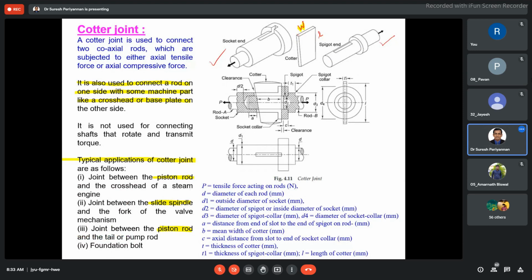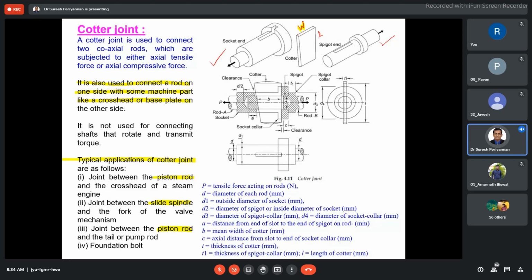So the principle of the cotter is wedge action. The cotter is a wedge-shaped piece made from steel plate, and the joint is tightened and adjusted by the wedge action.